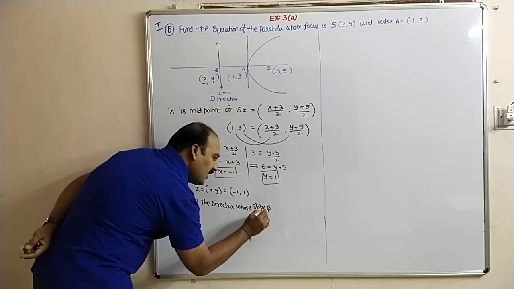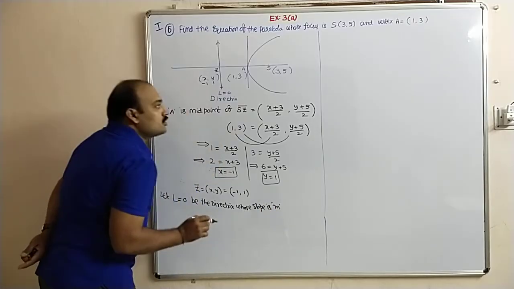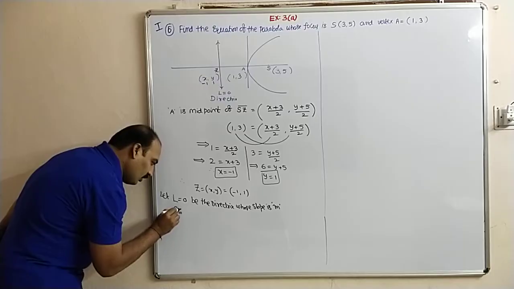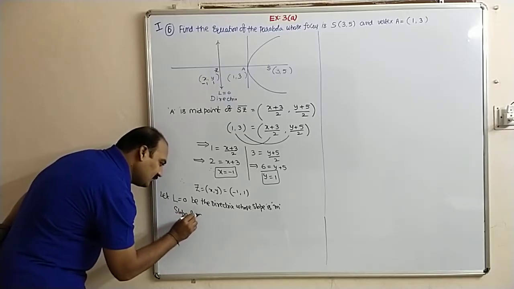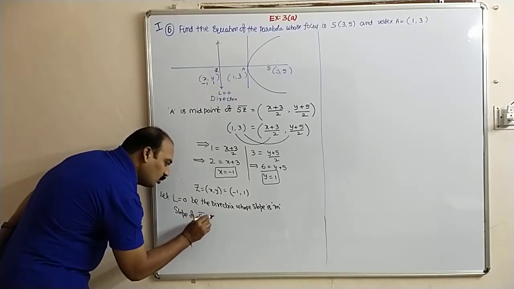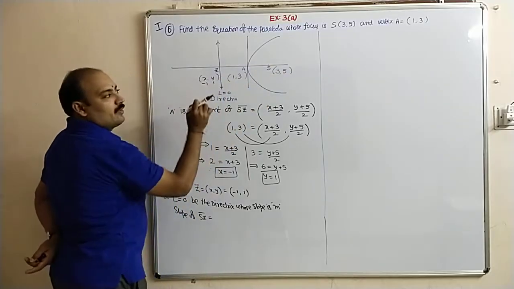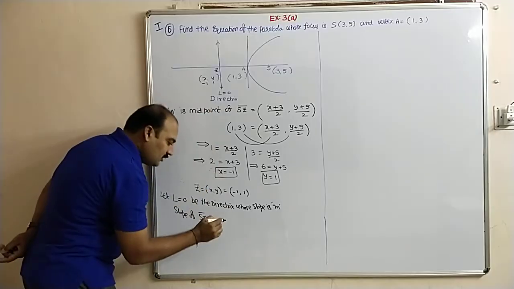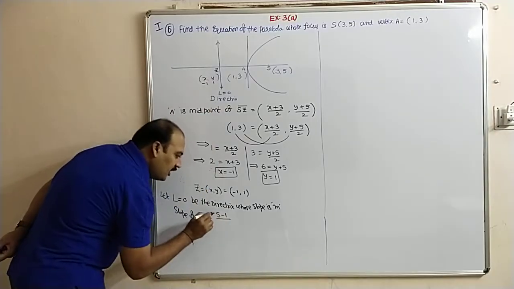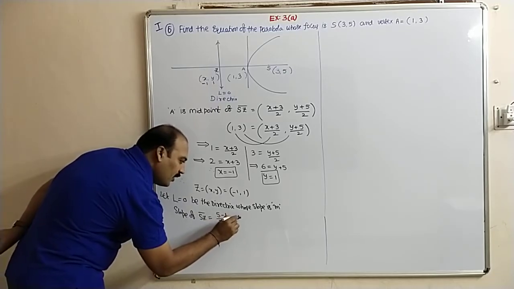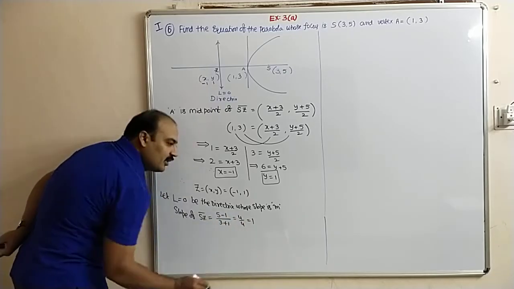Whose slope is m. Slope of SZ is equal to y2 minus y1 by x2 minus x1, 5 minus 1 divided by 3 minus of minus 1, 3 plus 1. So 4 by 4, which is equal to 1.